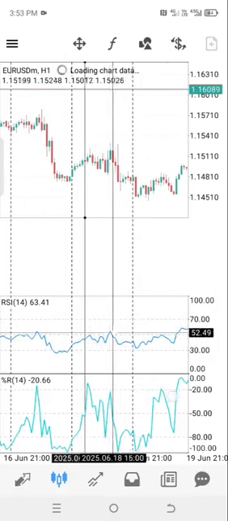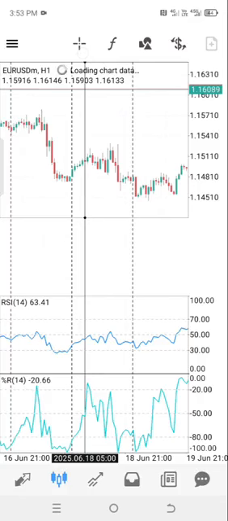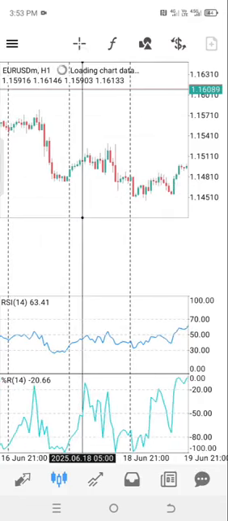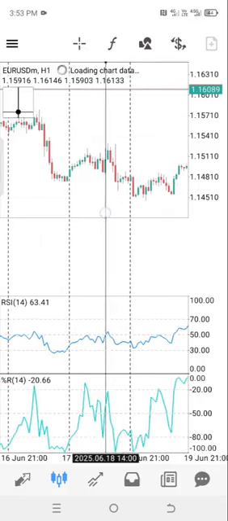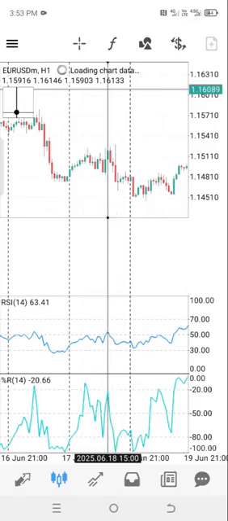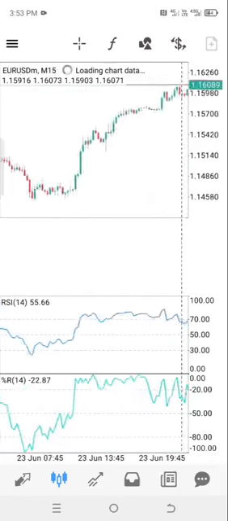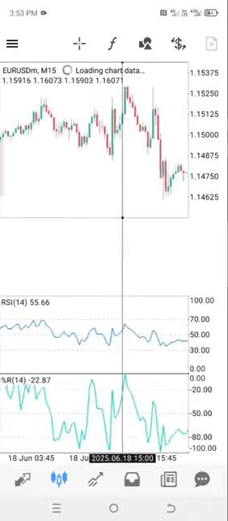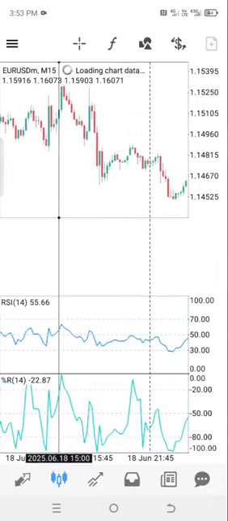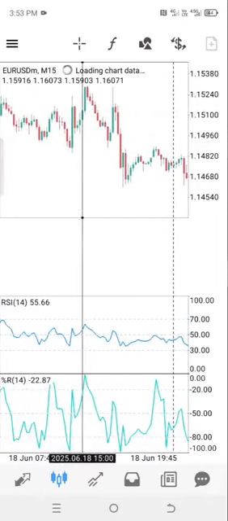So this is it. And what happened? As soon as the RSI went above level 50, we would have gone to the M15 time frame and waited for our RSI to drop to level 50.